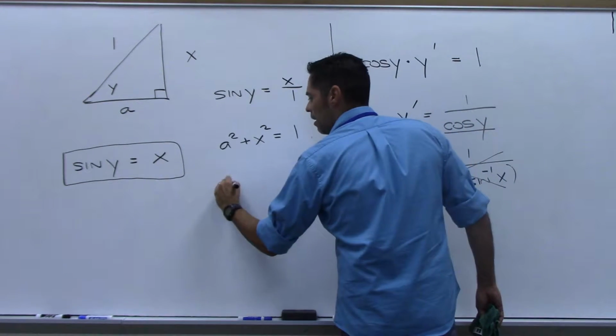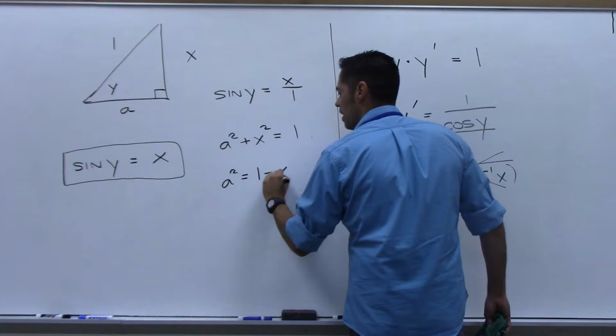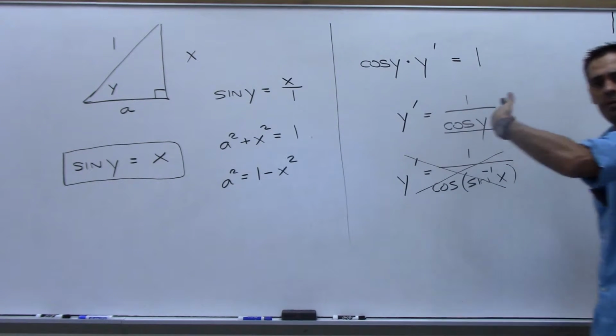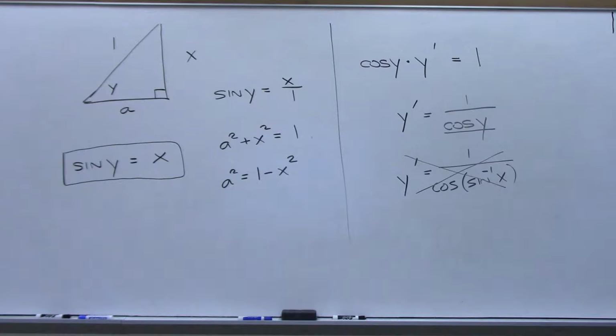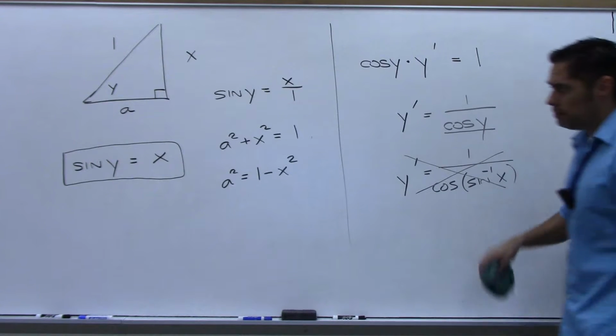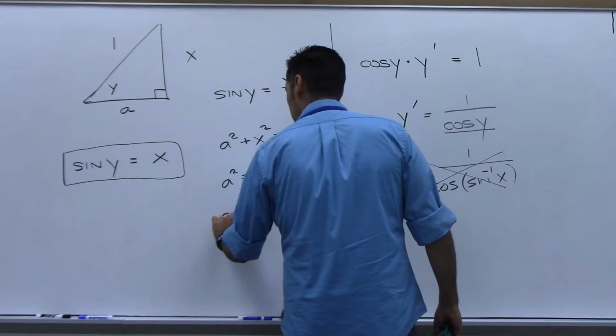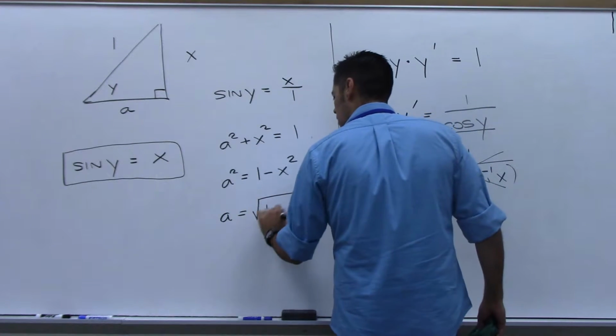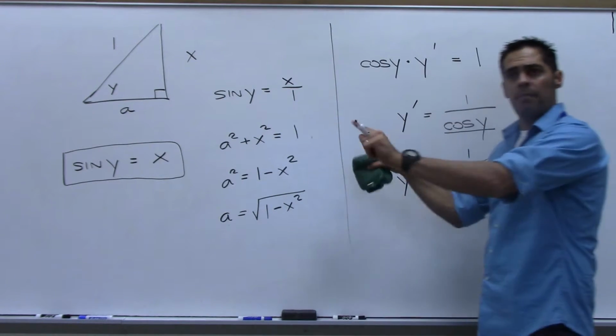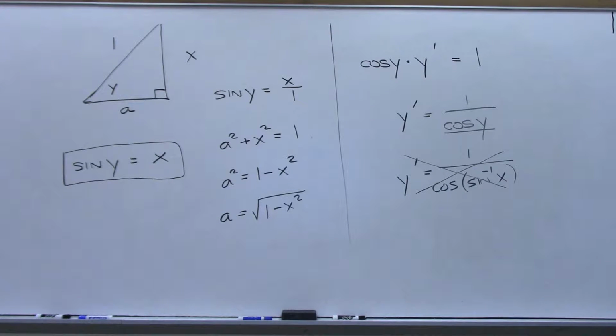And so a squared equals 1 minus x squared. I'm just isolating the a squared, moving the x squared to the other side. Finally, square root. Do we need plus or minus? No. We're assuming a is a positive length of the side of a right triangle. So that's a.